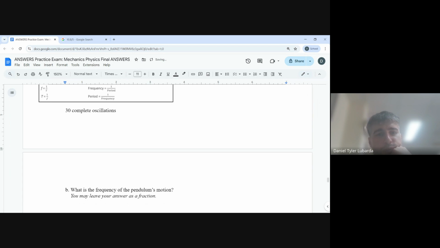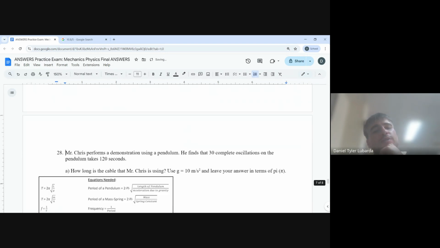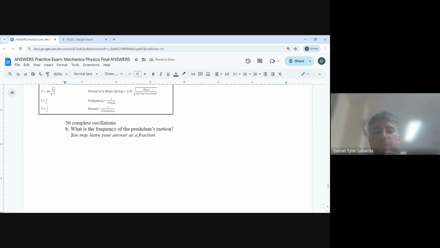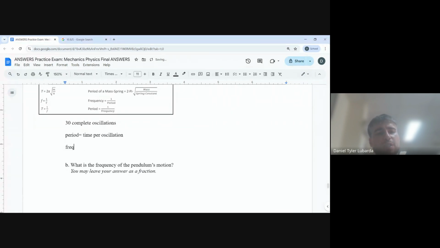Let's put all this down to a new page. So let's find, what is a period? A period is the time per oscillation, and frequency is the inverse of that. Frequency is the oscillations per time.